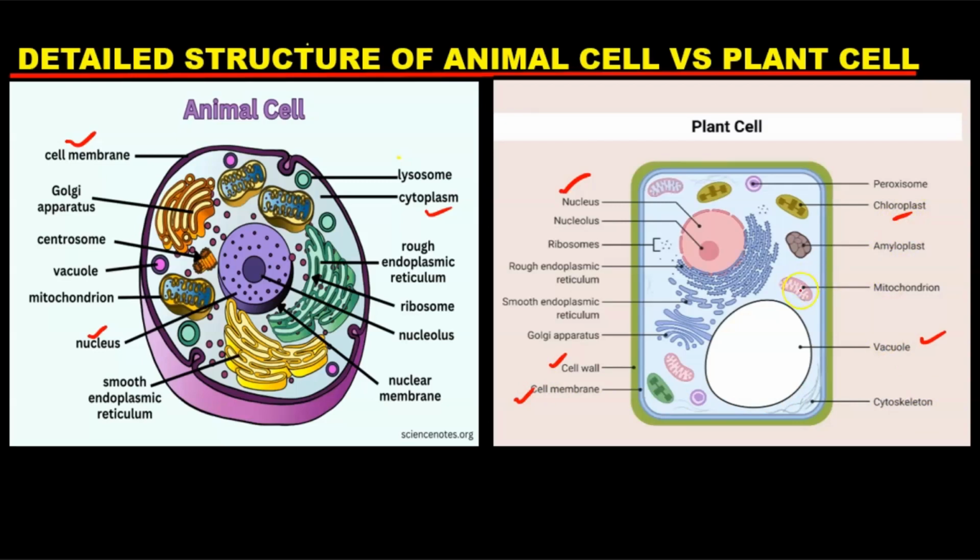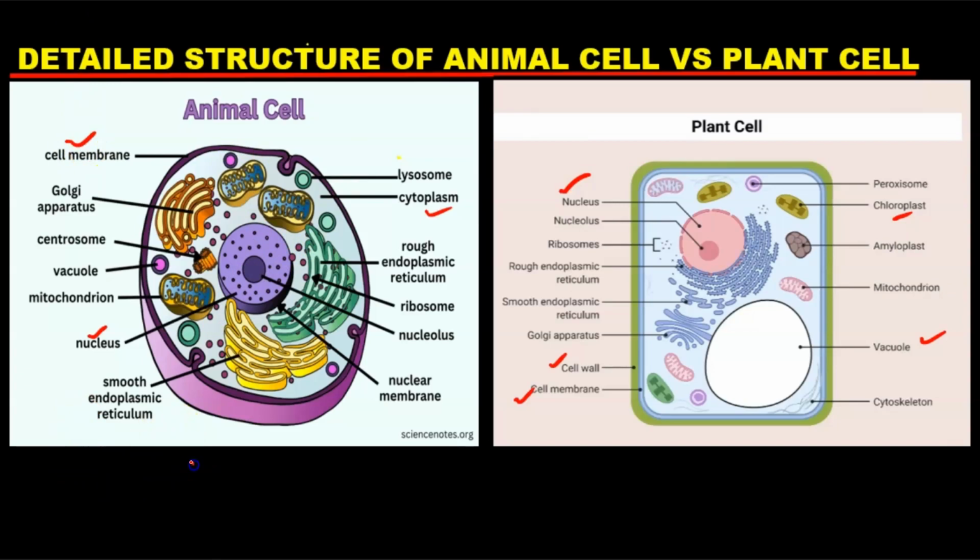So now let us add to what we've learned. Let us now look at the detailed structure. The detailed structure that you are seeing is the one that is viewed under a high power microscope. So this is what you are able to see when you look under a high power microscope.